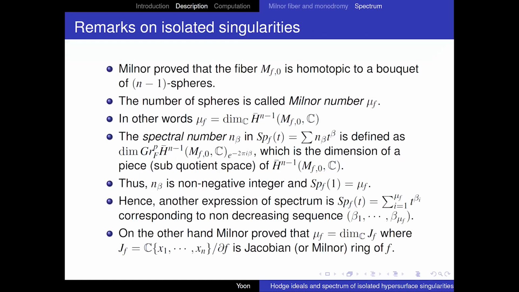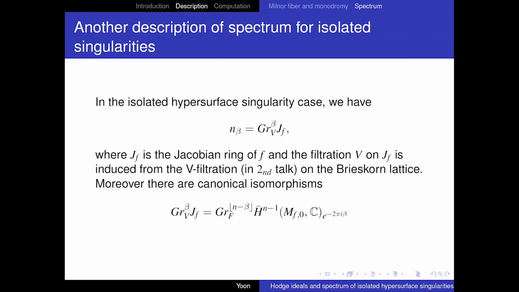So that was defined by a piece of n-1 cohomology, but the dimension of n-1 cohomology corresponds to the Jacobian ring. So instead of making a piece of cohomology, we could make a piece of the Jacobi ring. The V-filtration actually gives such a piece.